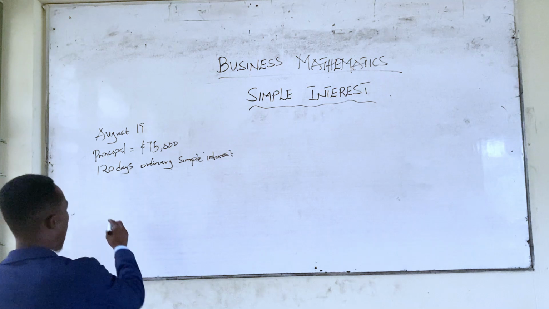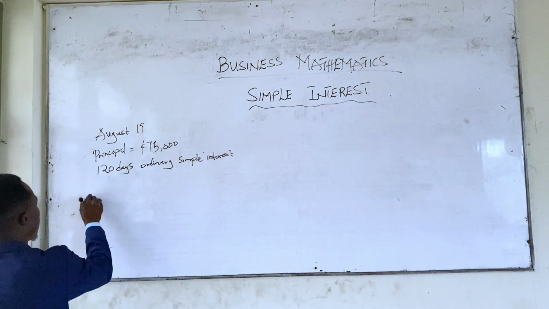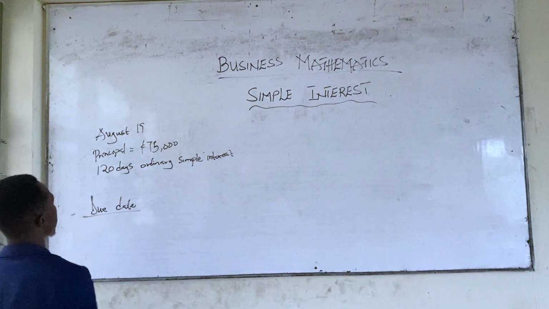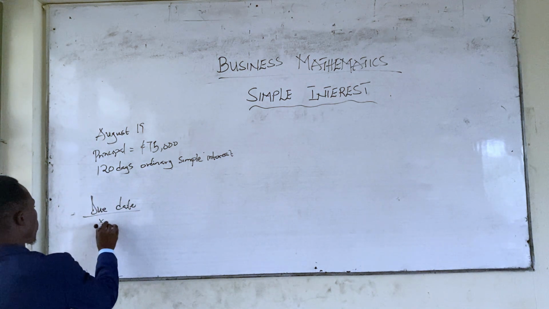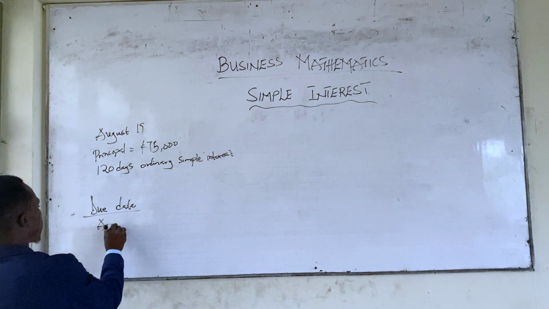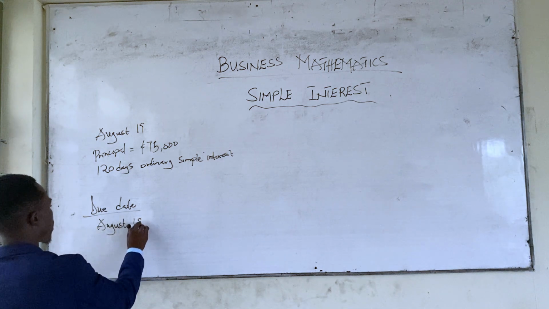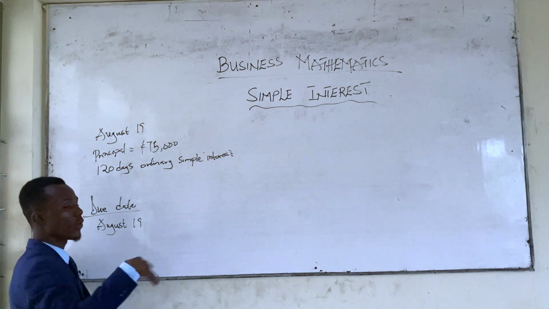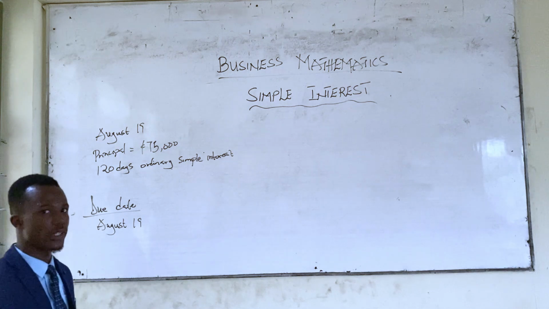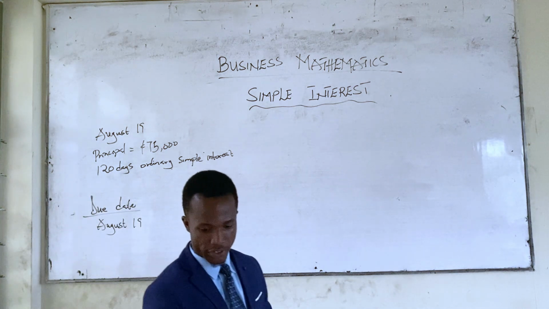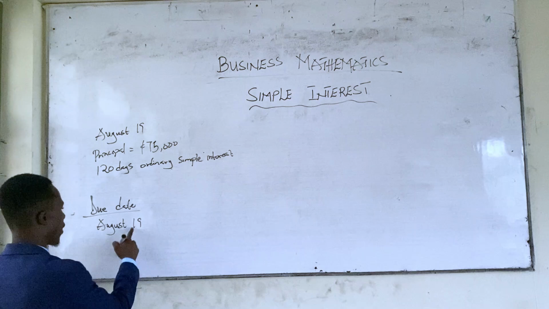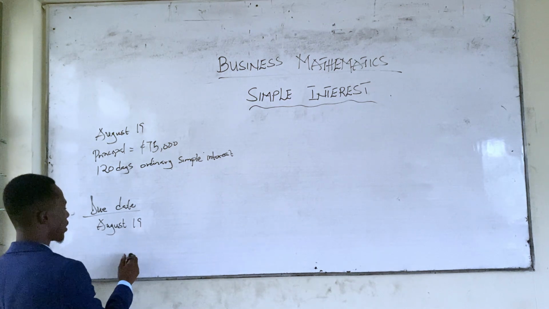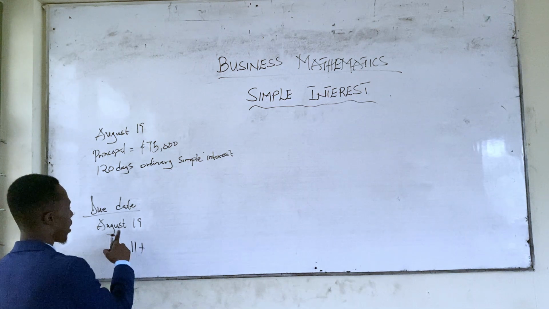The first part of the question, we are supposed to calculate the due date. So we are starting from August 19th, and we have 120 days. So we are going to add up the 120 days, wherever we get to. For the 120 days, we have 19. How many days are left to get 30? 11, plus August.